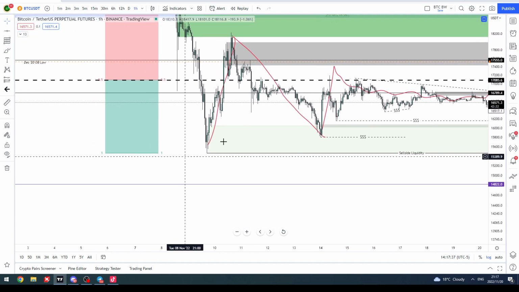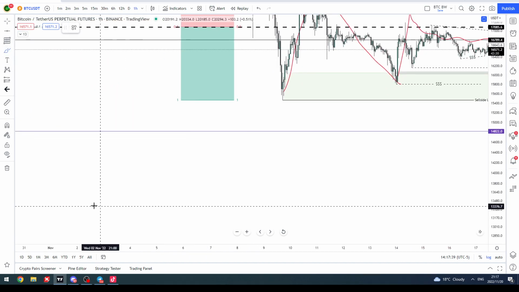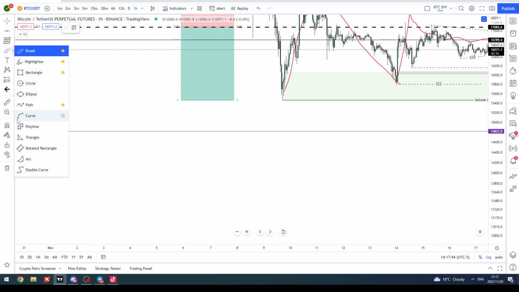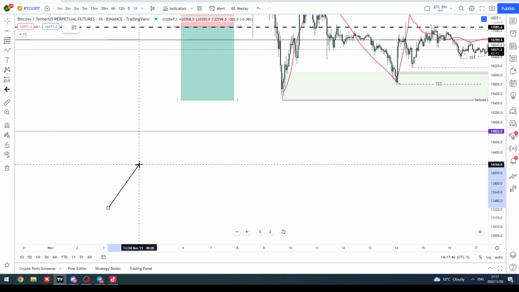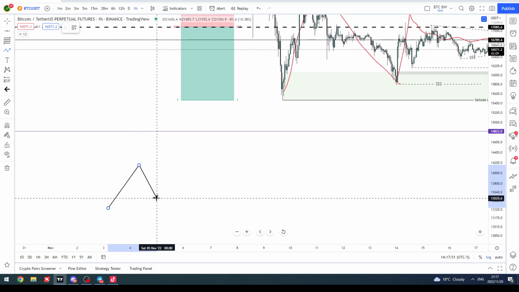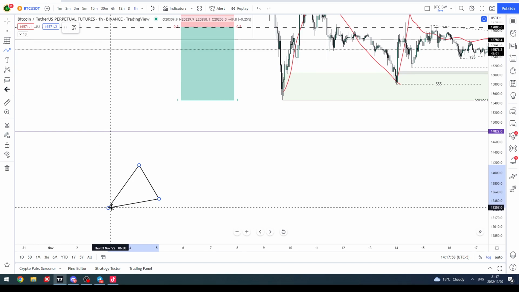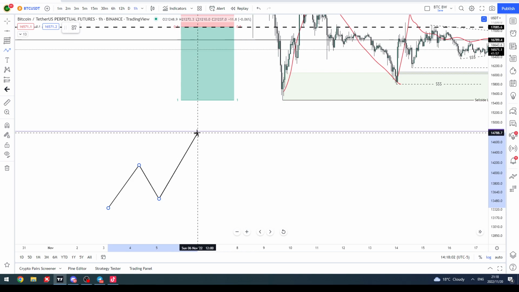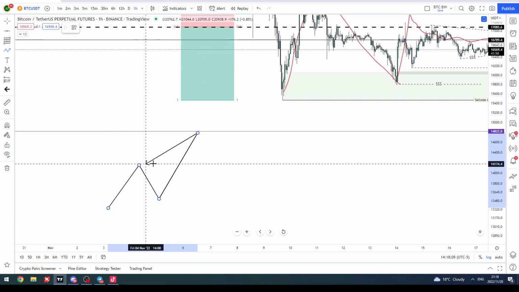So the idea of the model that I just gave you would be, we get the initial push up, right? We'll call that an accumulation move up. We get a move down that doesn't break the lows here. We'll call that the failure swing. And then we get a move up here, and that's called the opposing run for liquidity.